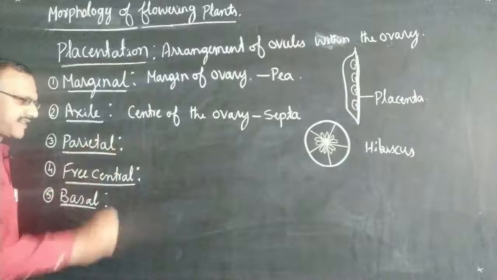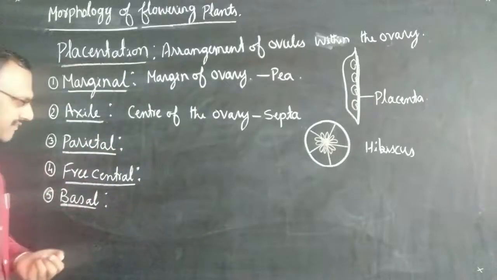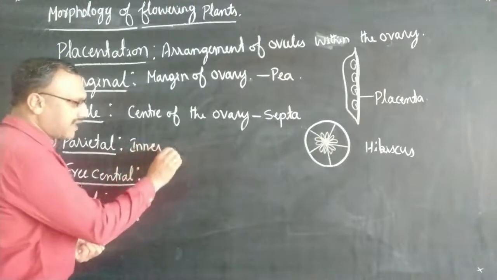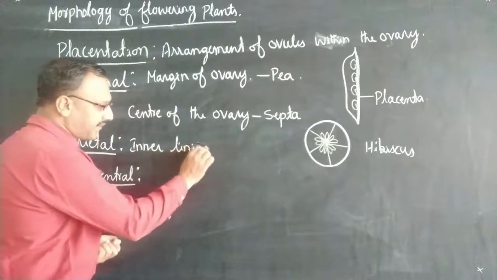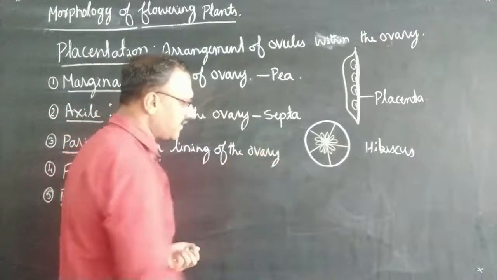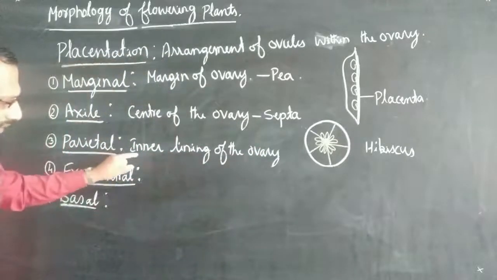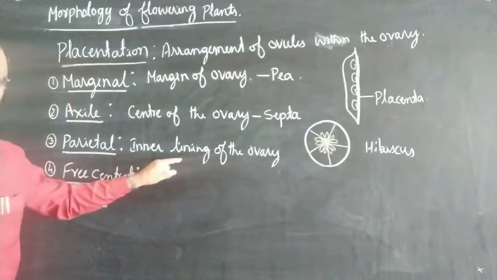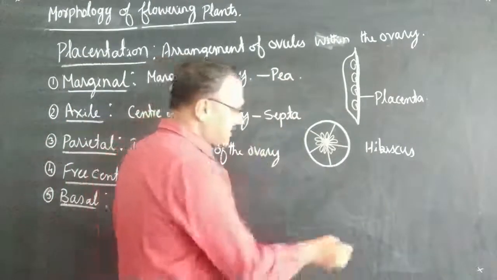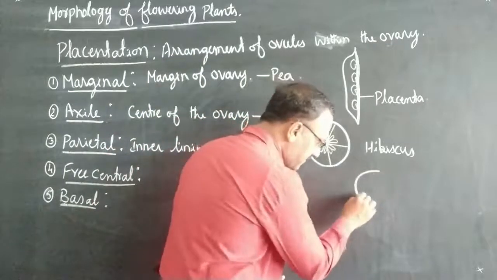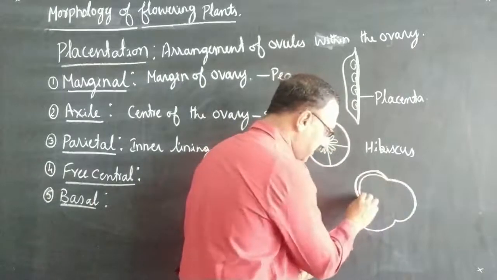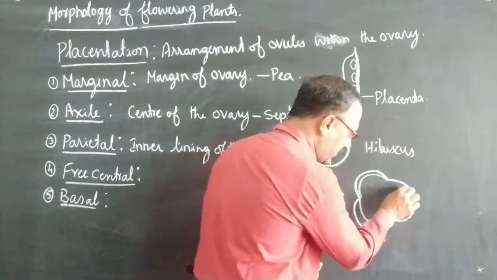Whereas in parietal placentation, the placenta occupies the inner lining of the ovary. I'll repeat, the placenta occupies the inner lining of the ovary. Let me show the third diagram here. This is the ovary which shows a tricarpellary condition.